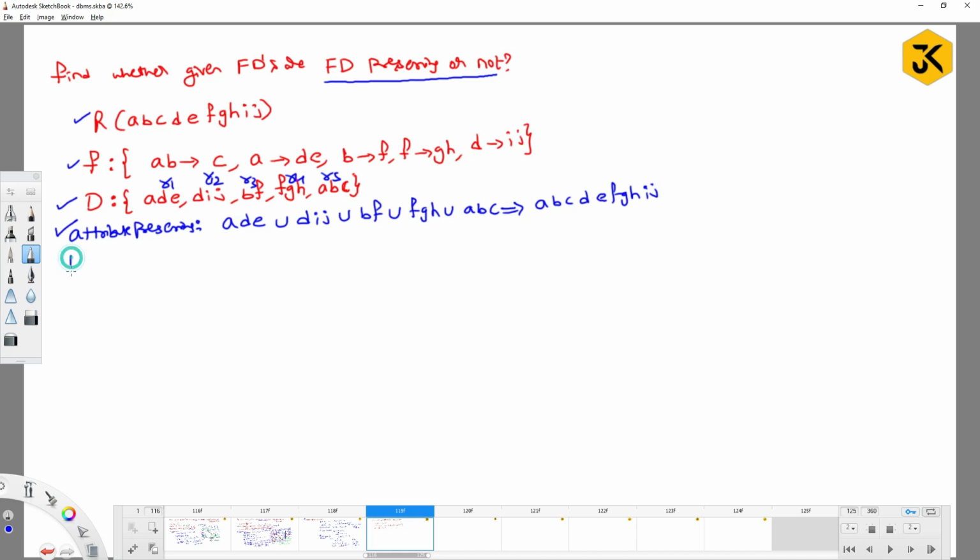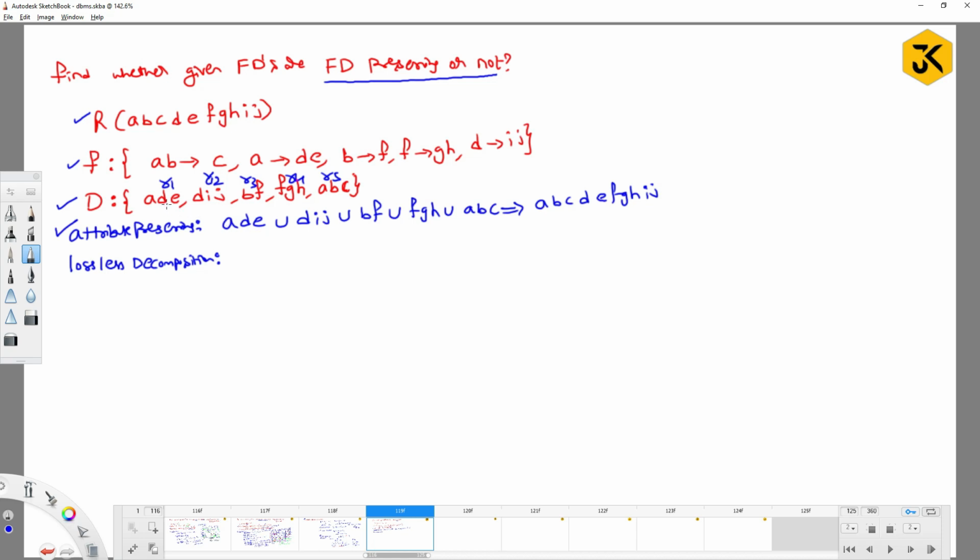Similarly, can you find whether it is a lossless decomposition or not? Lossless decomposition means we can go with two approaches. One is the basic intersection method, another is the tabular method, right? For the time being, to define whether it is lossless or lossy, I will go with the intersection method.